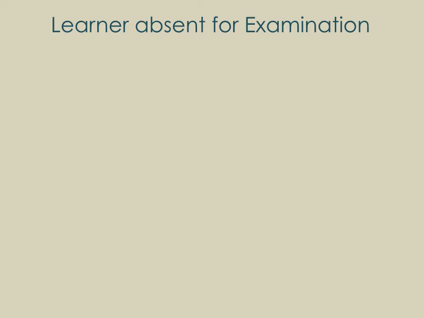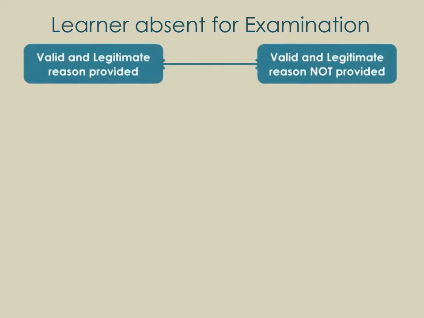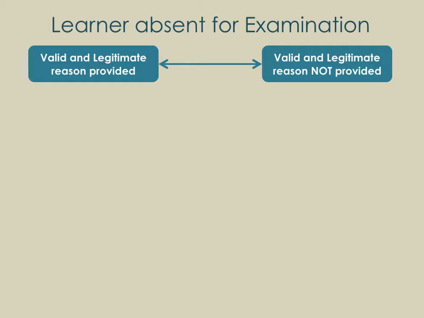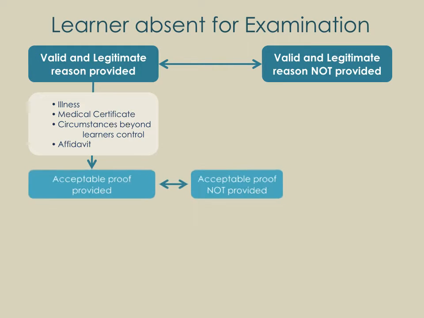Let's have a look at the learner absent for an exam. Now once again, you've got valid and invalid reasons. And the valid reasons are exactly the same as they were for the school-based assessment. So let's say you've got a learner who is genuinely ill and misses an exam. You need to make sure you've got acceptable proof. If you've got acceptable proof, there's a different path than if you don't.